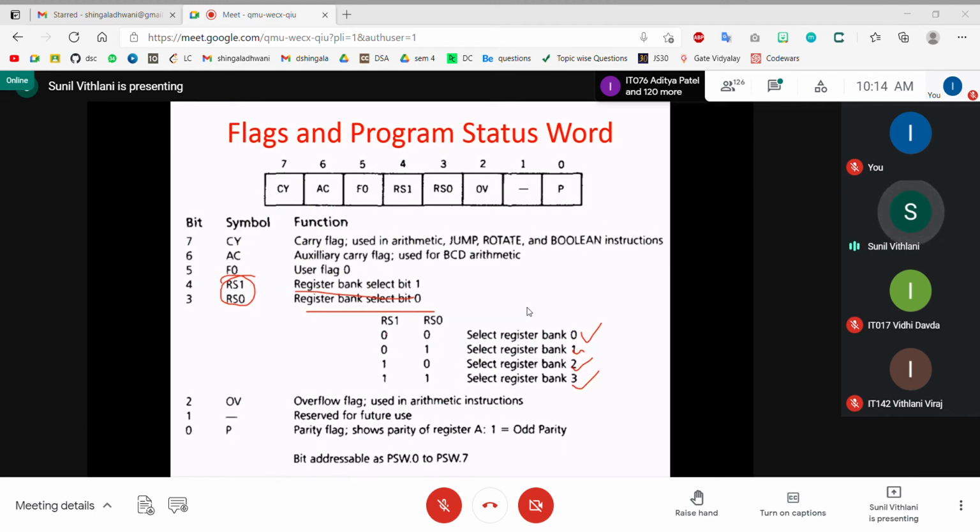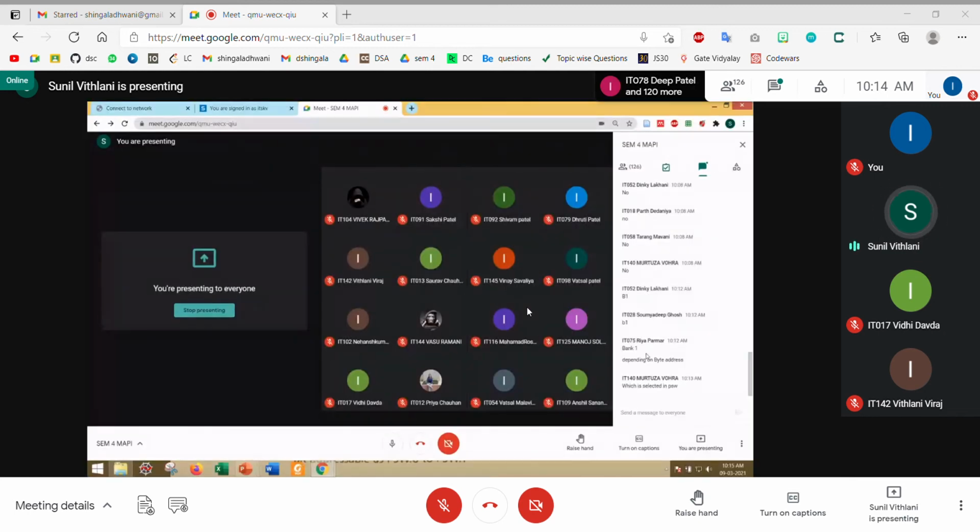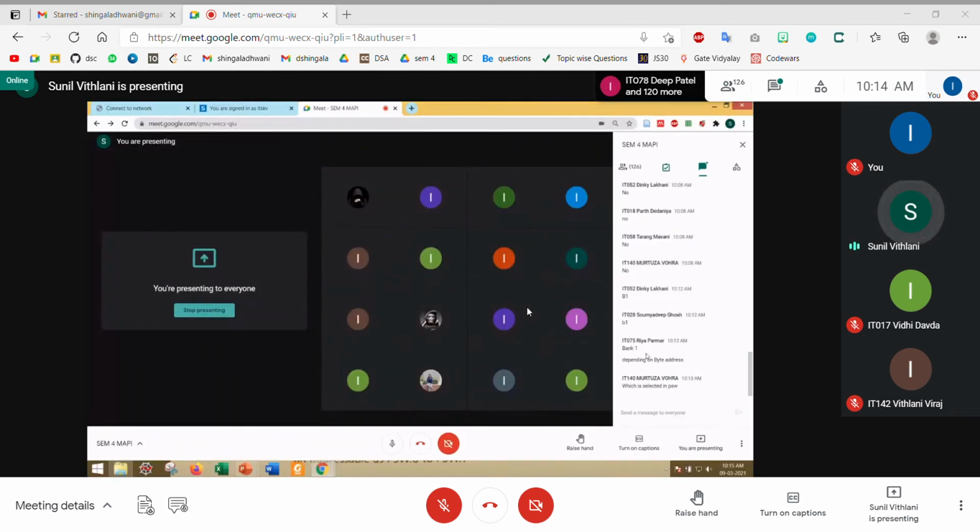So by default जो होगा वो क्या होगा? So by default this is there. आपका PSW का वैल्यू क्या होगा? When there will be the reset, आप प्रोसेसर को रीसेट करोगे, your PSW will also be reset. इसमें 00 होगा. So if all will be 0, it is bank 0.